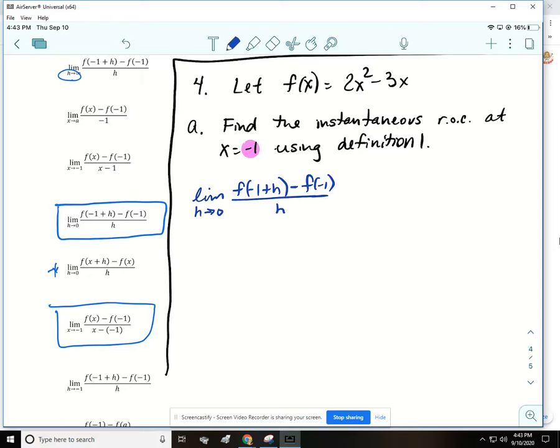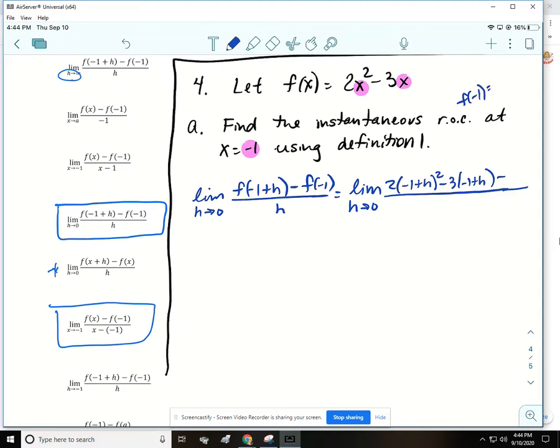We're going to take that -1 plus h and put it in for our x's.